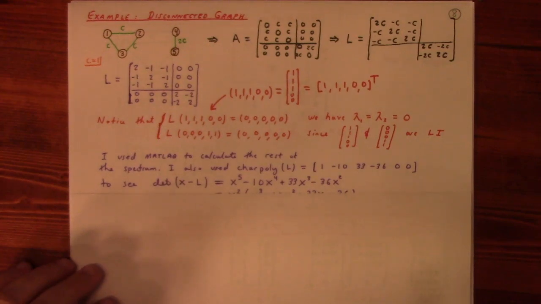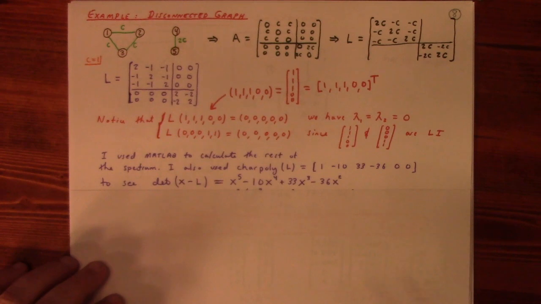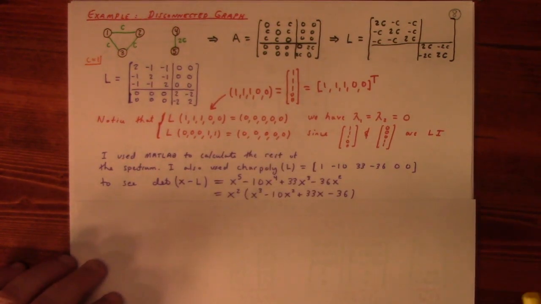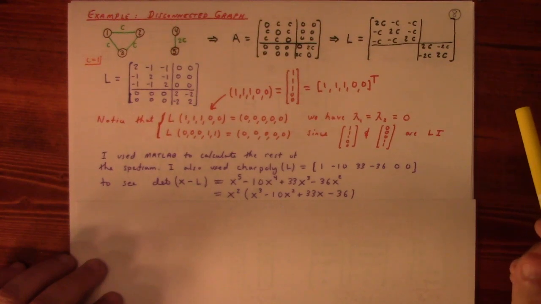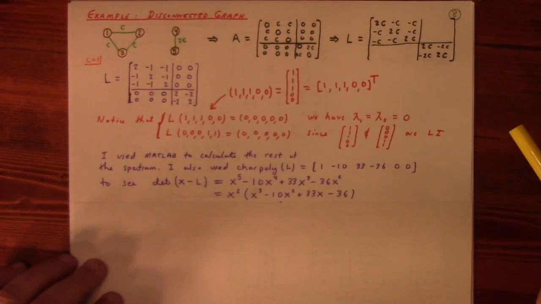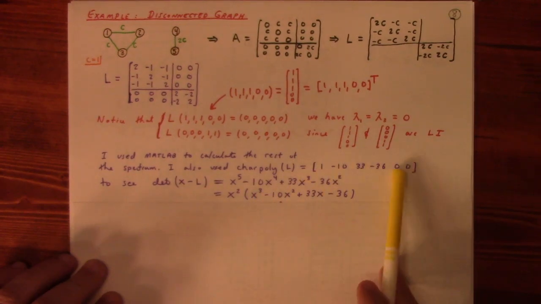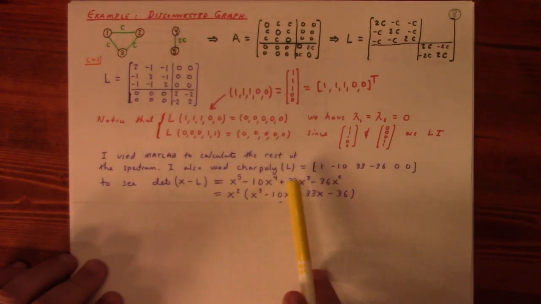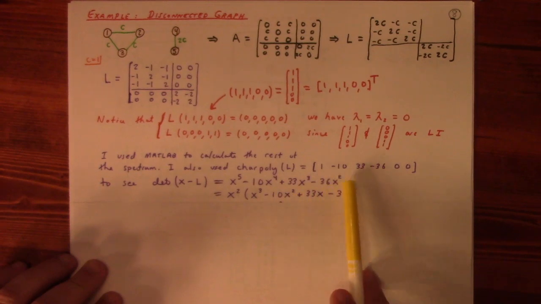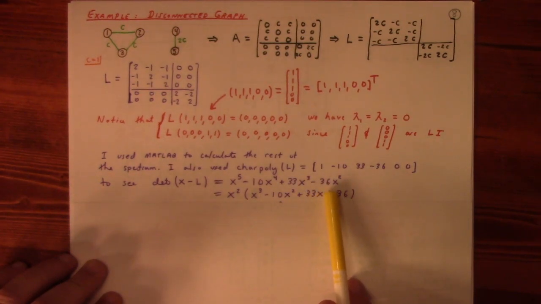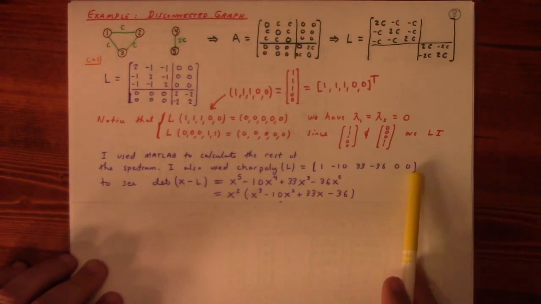But I wanted to understand what I did wrong in another page I'm not showing you, where I tried to calculate this directly and was again reminded that 3 by 3 matrices are easy to calculate the determinant of in principle, but much harder in practice. So this means that the characteristic polynomial is x to the 5th minus 10x to the 4th plus 33x cubed minus 36x squared plus 0x plus 0.